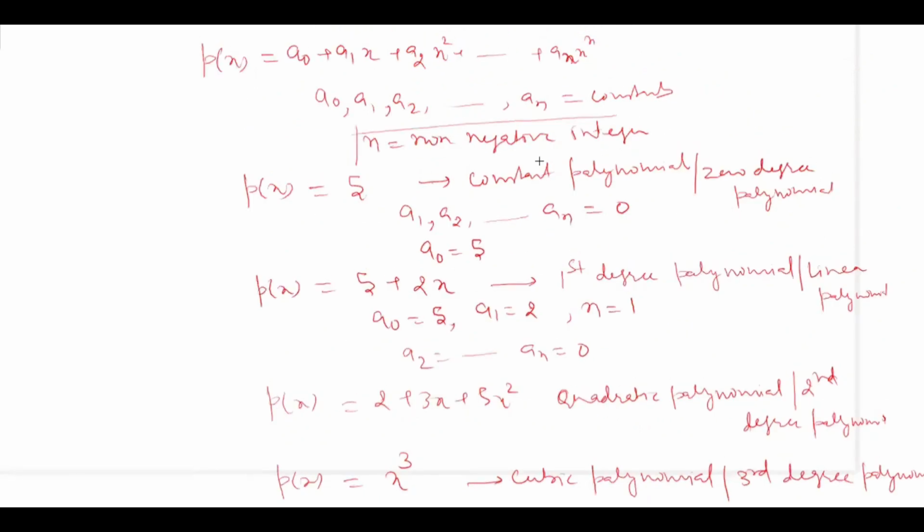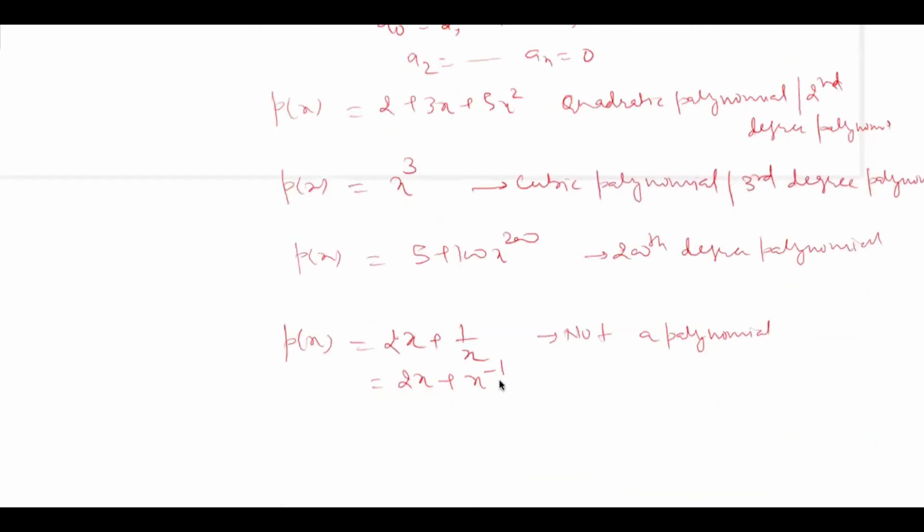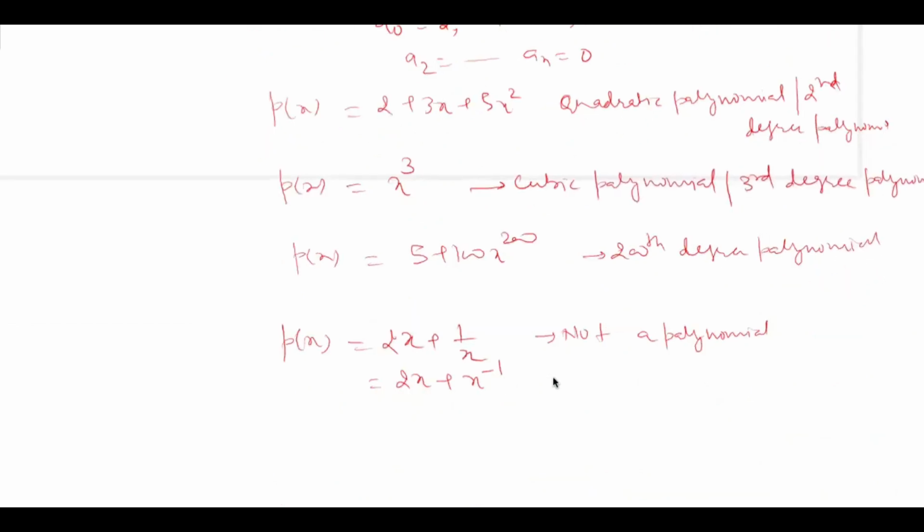Now this has become a negative integer, and because of this, it is not a polynomial. Here, as the exponent of x is a negative integer, this is not a polynomial.